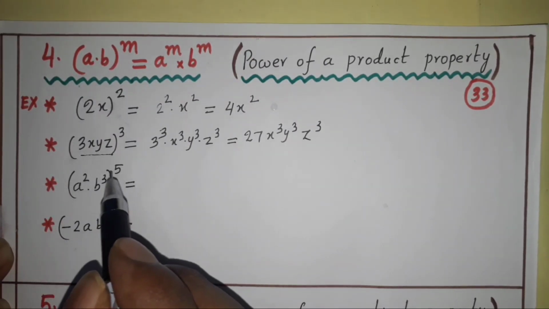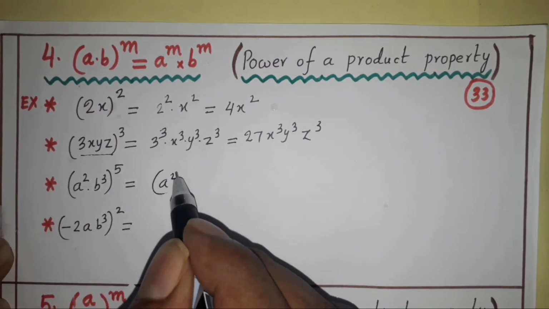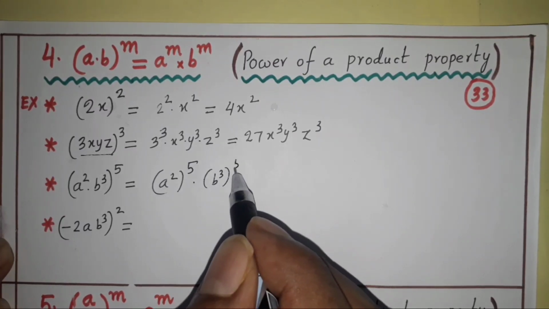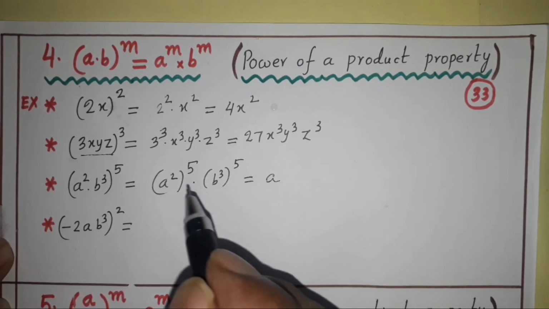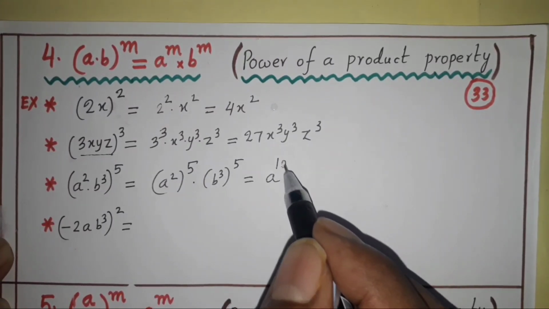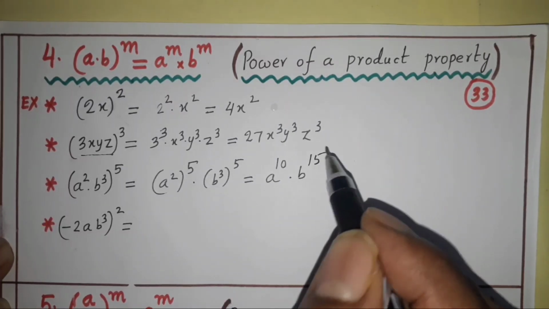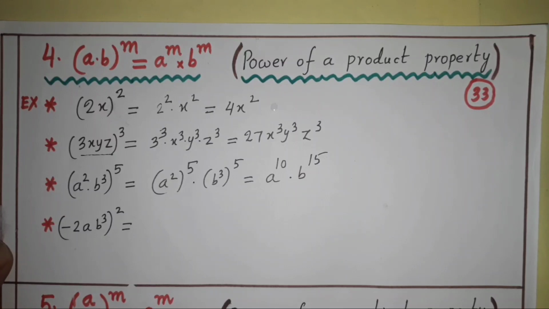So this whole power 5 belongs to both. You apply. That is (a square) whole power 5 into (b cube) whole to the power of 5. This a square whole to the power of 5 becomes 2 5s are 10, a power 10. This is b to the power of 3 5s 15, b power 15. So overall it is equal to a power 10 into b power 15.